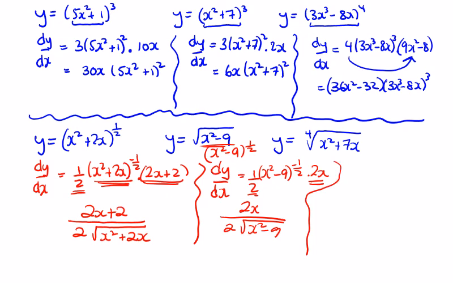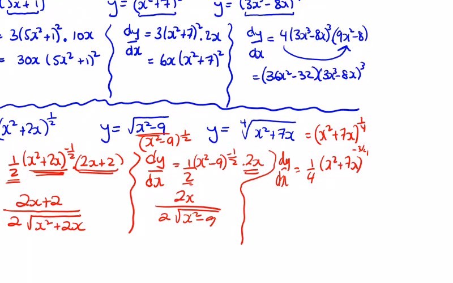The third one we can rewrite as x squared plus 7x to the power of a quarter. So we're going to have dy dx is going to be a quarter times x squared plus 7x to the power of, we're reducing the quarter by 1 to get minus 3/4, and then we're going to multiply by the differentiated inside, so we're going to get 2x plus 7.